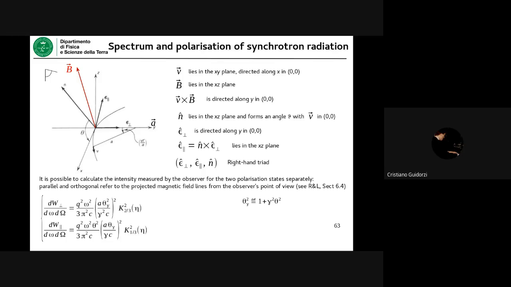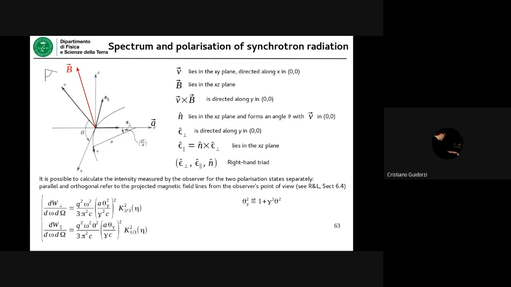Because in principle, I already told you last time that you see just a pulse when the line of view lies within the relativistic beaming cone of the particle, and this just happens for a relatively short time interval. But in principle, of course, emission is to any possible direction.